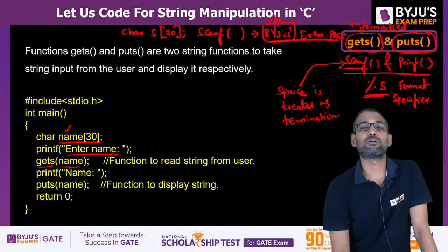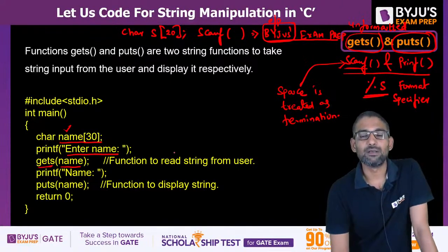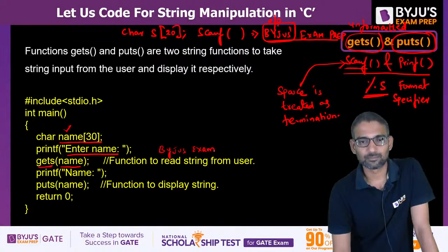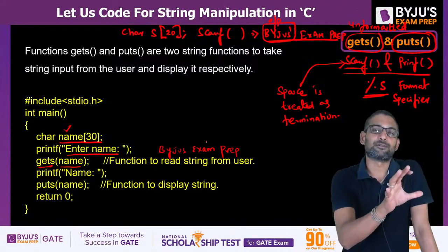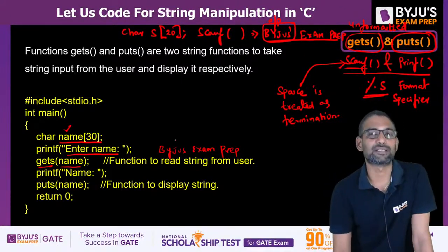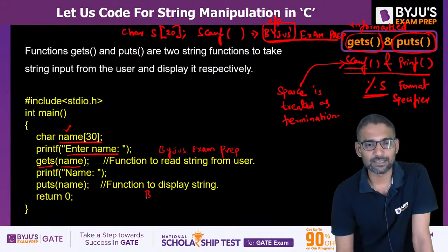So gets of name. Here, whatever I enter, suppose I enter BYJU'S exam prep, it is accepted by name as it is, with spaces and all the characters, and whenever you print name, you will get the same as output.